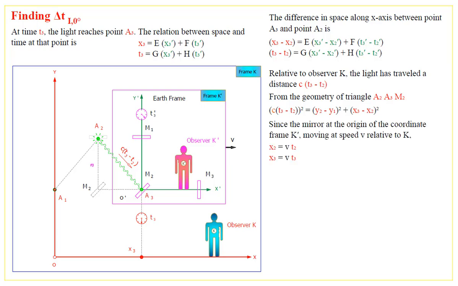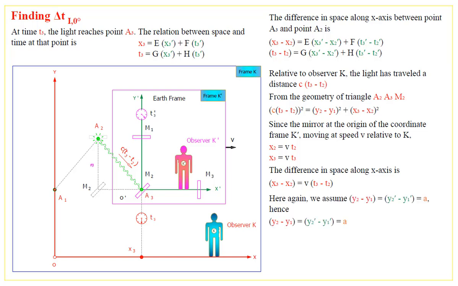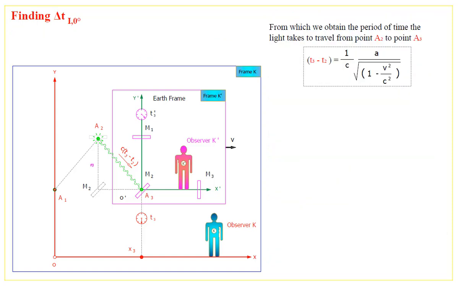Since the mirror at the origin of the coordinate frame K' is moving at speed v relative to K, the difference in space along the x-axis is. Here again, we assume y2 minus y1 equals y2' minus y1' equals a. Substituting that in the equation c times t3 minus t2 squared, we obtain. From which we obtain the period of time the light takes to travel from point A2 to point A3.